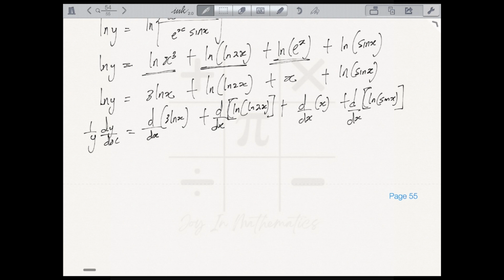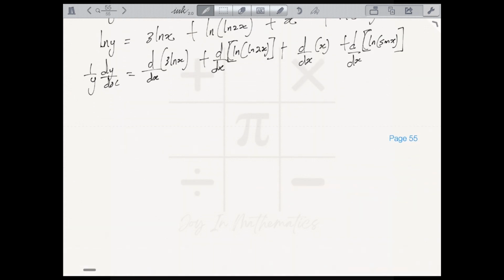Therefore, we now have that 1 over y dy dx. This will give us 3 over x plus, remember that this is like a function of a function. So when we differentiate it, we'll have 1 over x divided by ln 2x.